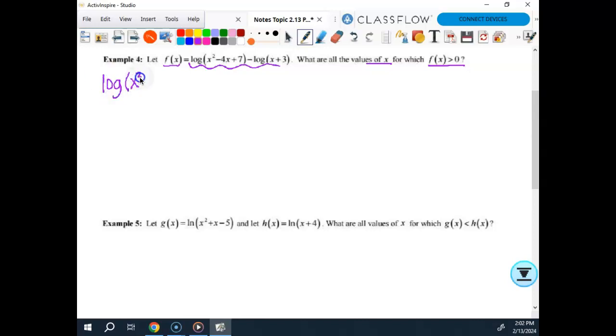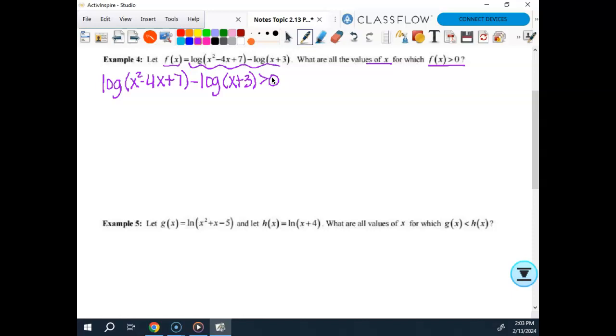Log of x squared minus 4x plus 7 minus the log of x plus 3 is greater than 0. All right, so inequalities and equations, we work with them in very much the same ways. The inequalities have some other properties we have to do, but if we're still kind of thinking about this like we would solve it basically like it's an equation, that means I have to pay attention to my domain.